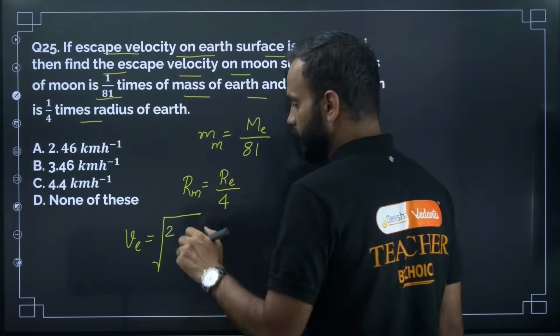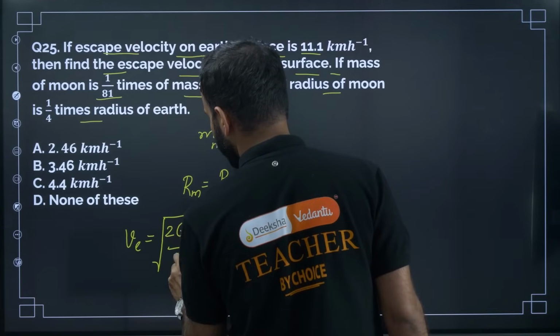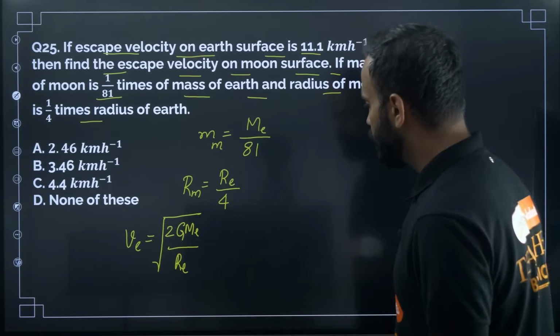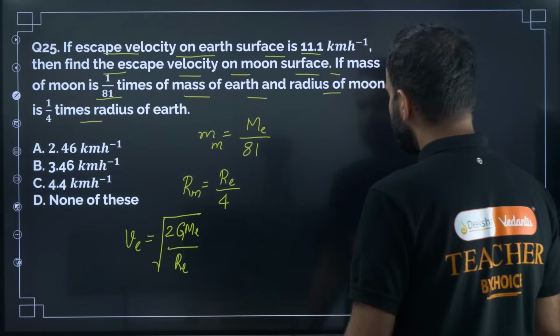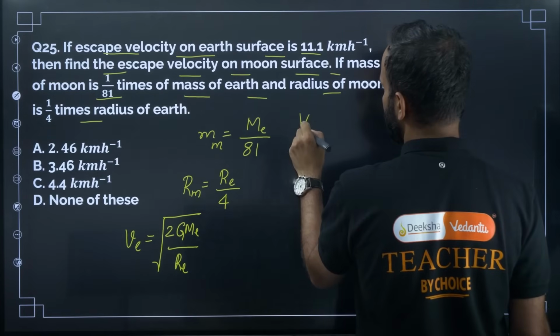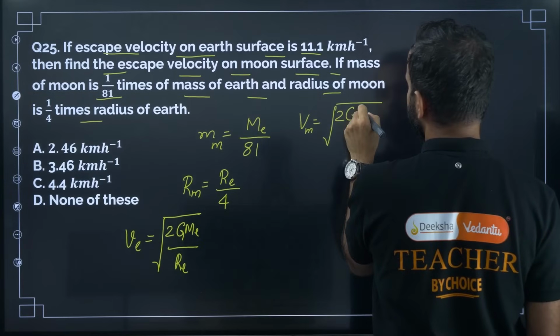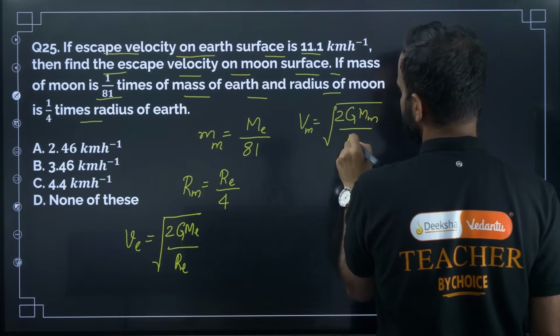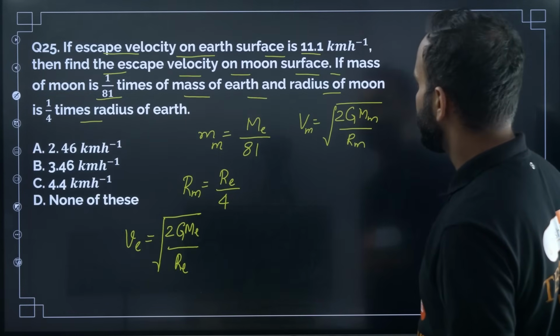2 GMe divided by Re on the surface of the Earth. So the escape velocity on the Moon will be root of 2 GMm divided by Rm. We need to find the escape velocity on the Moon.